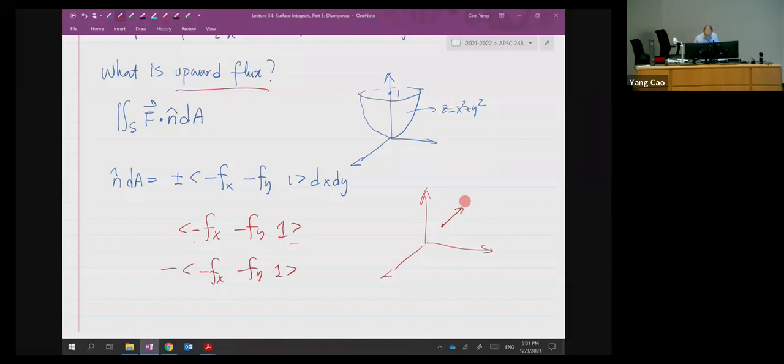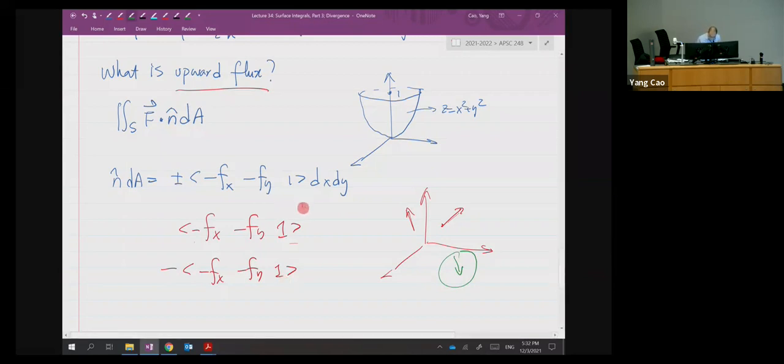So that 1 there will determine whether the vector is pointing this way or this way. Definitely not going to be this way. And this one here, because you put a negative in front of the 1, you're guaranteed this 3D vector will have a negative z component.